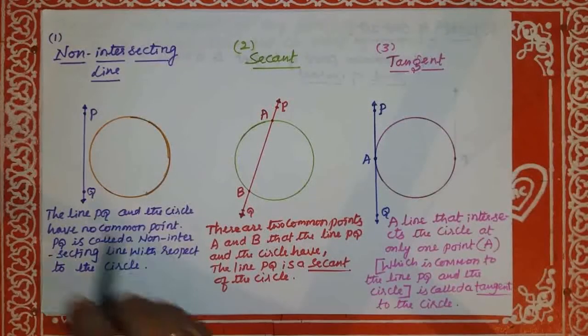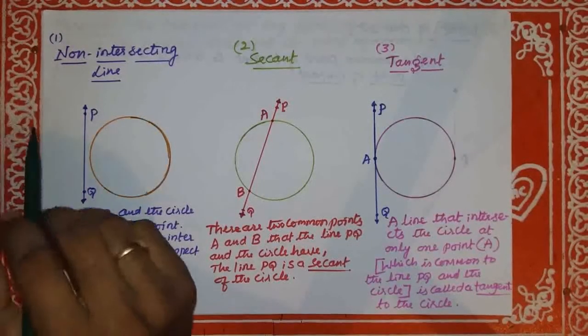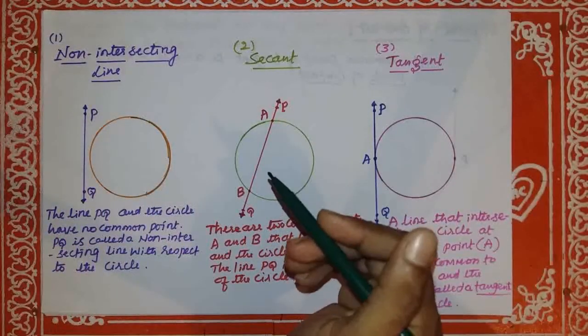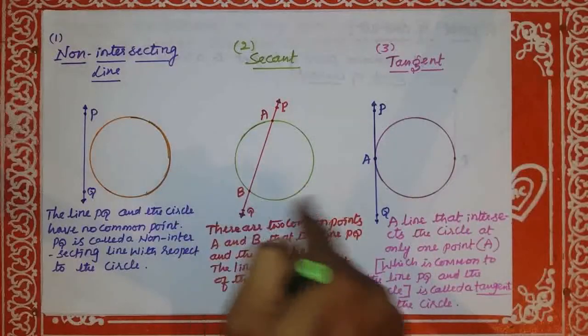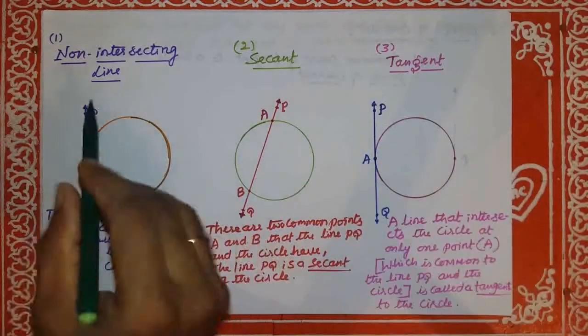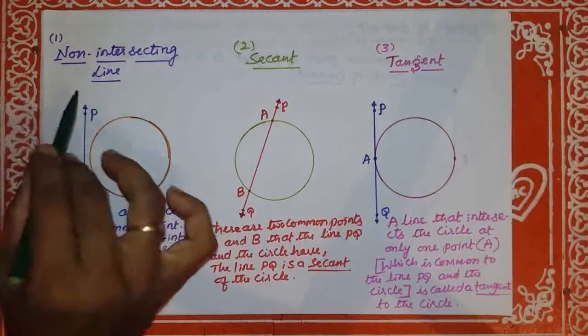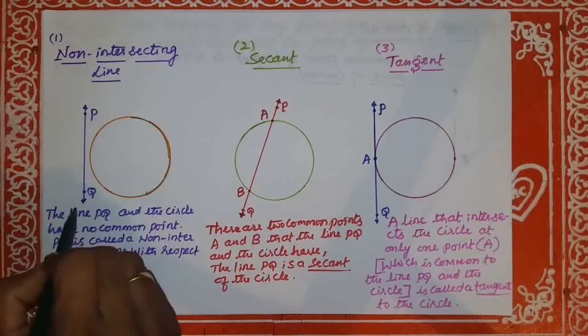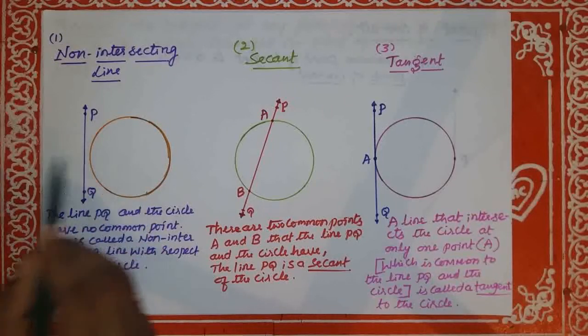Okay, dear students. See here, first one, non-intersecting lines. Consider a circle and a line PQ. There can be three possibilities given in this figure. First one, non-intersecting line. Here PQ is a line outside of the circle.